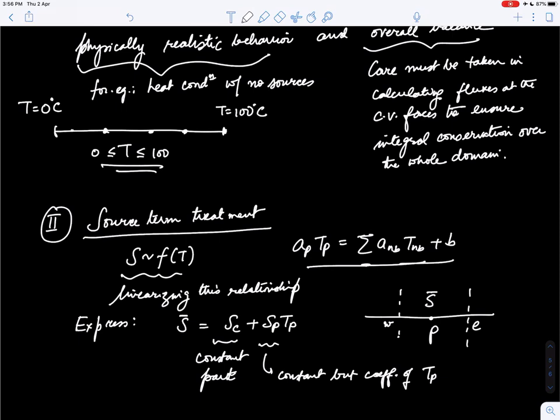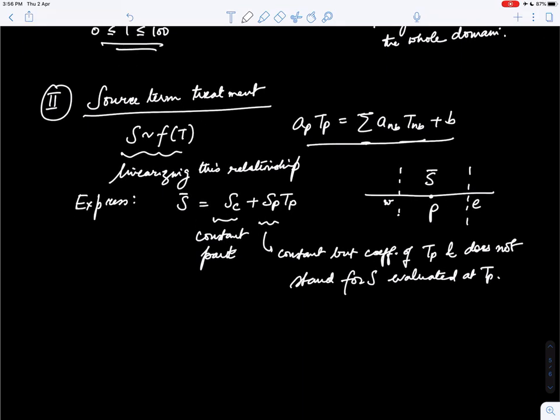So it's a constant plus a coefficient times Tp, and Sp does not stand for S evaluated at Tp. It is in no way meant to imply that Sp is the value of S when we evaluate at Tp.